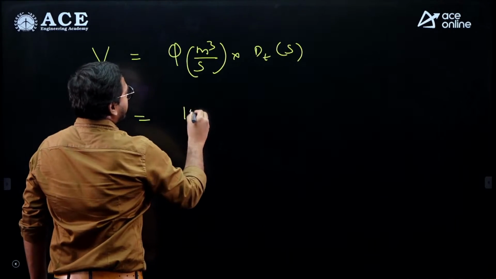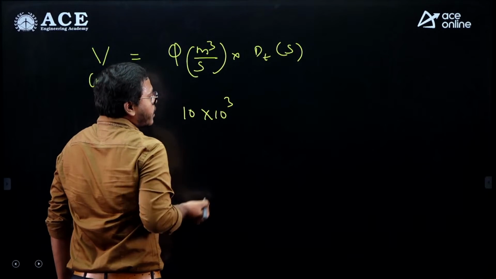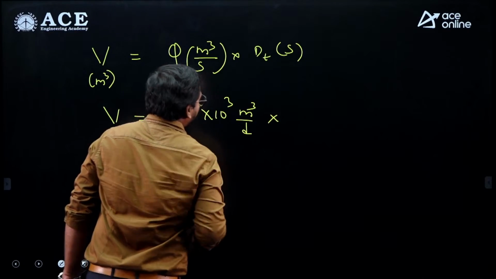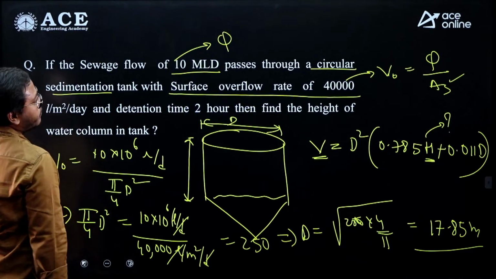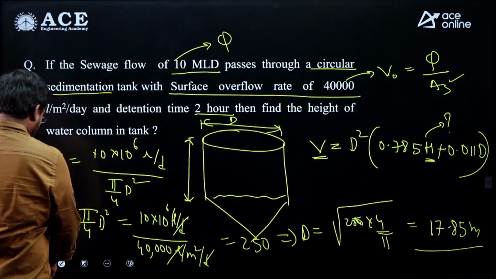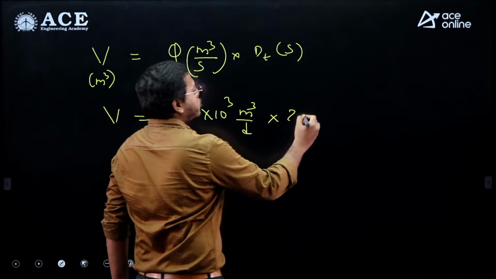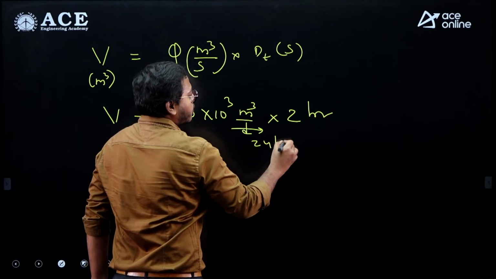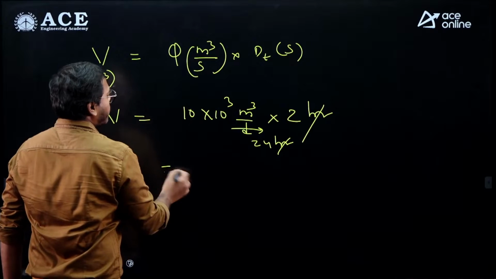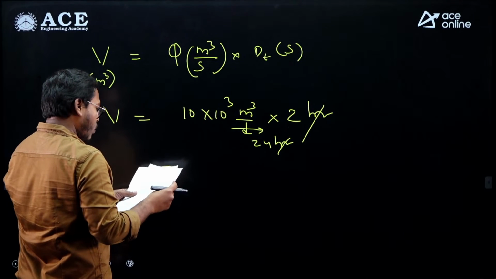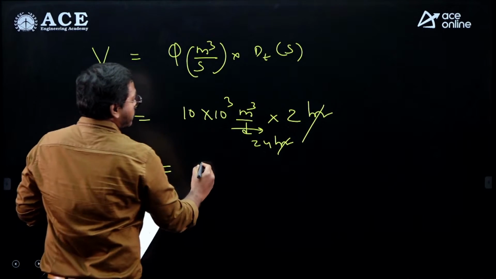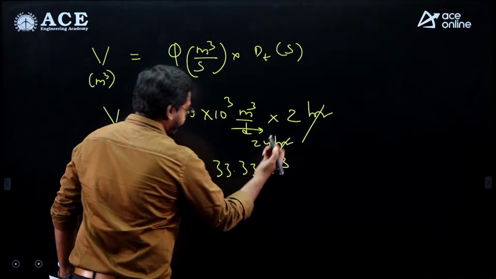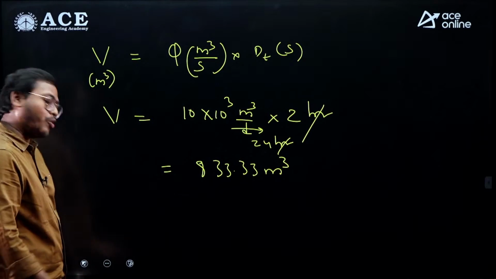So I can write 10 into 10 to the power of 3 because I know MLD is 10 to the power of 3 meter cube per day, into detention time. How much detention time given in the question? 2 hours. So let me write it 2 hours. Day into hour, I know it is 24 hour, cancel the units. Just simple multiplication and you will be getting your volume somewhere around 833.33 meter cube.